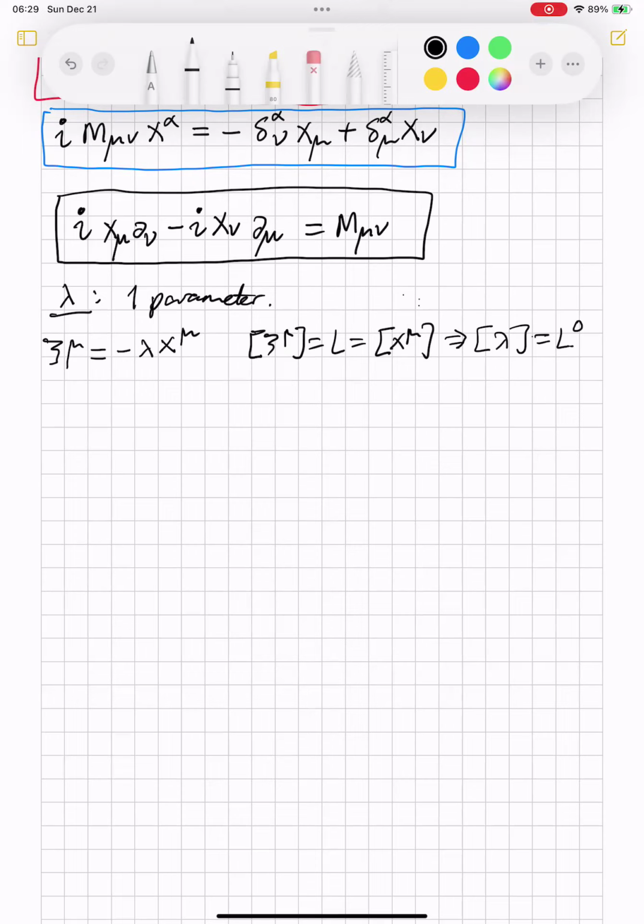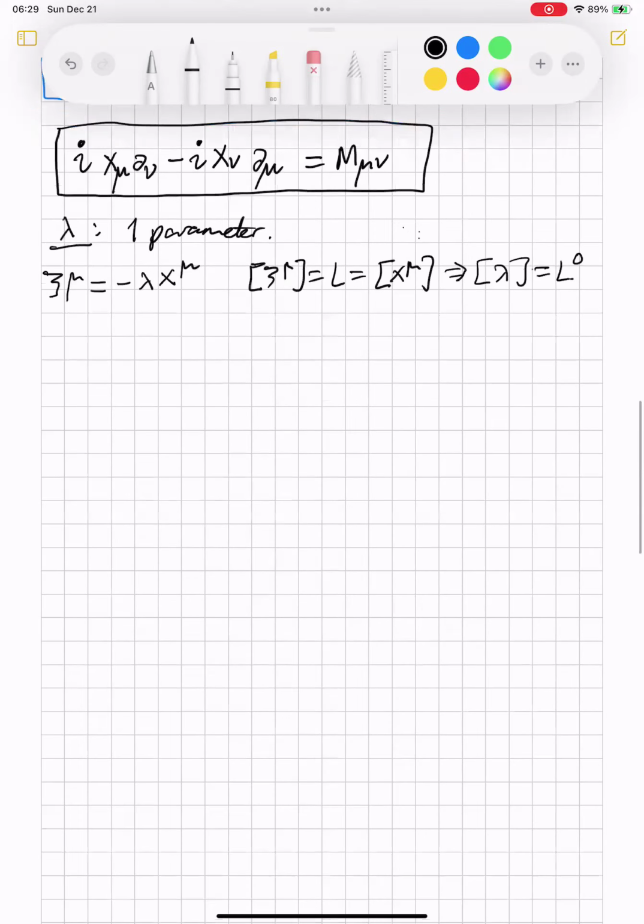Okay. So just to write down, we'll use this below. x tilde mu is equal to x mu plus zeta mu. That's the infinitesimal version of the transformation. What is the finite version of the transformation?